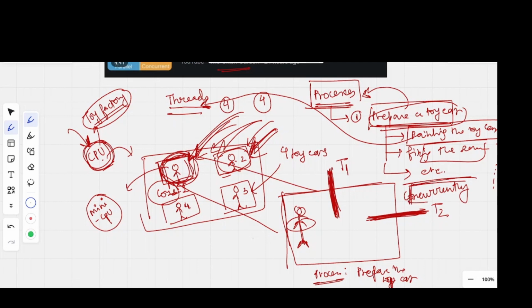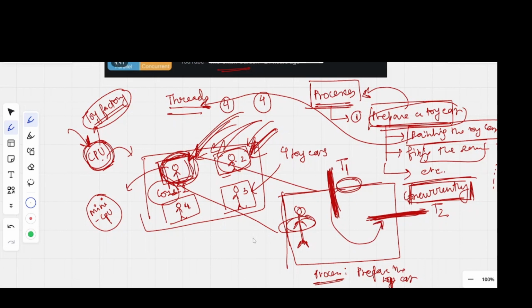And why do I say that? Because you see, as a human he just has two hands. At a time, either he can paint the car or he can fix the screws. But when he has painted the car, he has to wait, right? At that time, he can switch to another task and fix the screws.